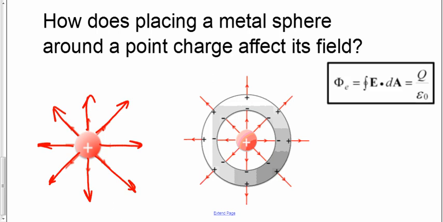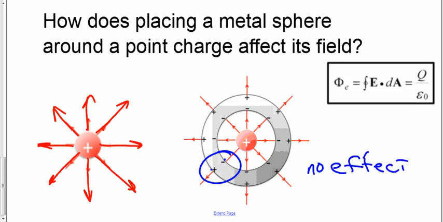Well, again, we're starting with the premise that you can't have a field inside the metal itself. So you see how here on the left there's kind of a discontinuity in the field lines right there. They end right here and they start again there. Here's the other thing to notice. There's absolutely no effect out here.